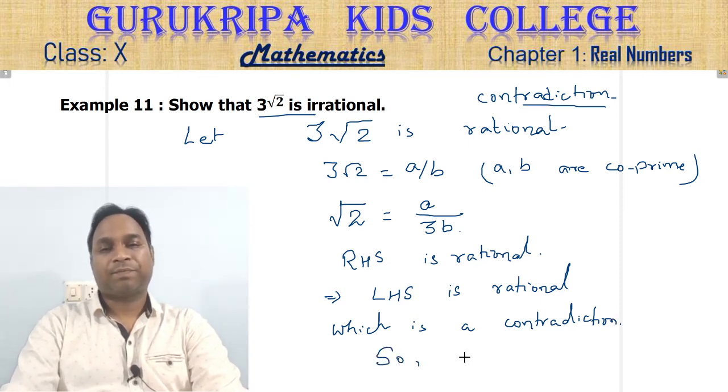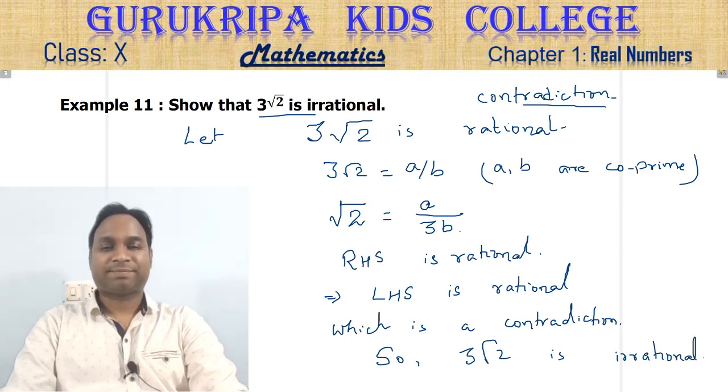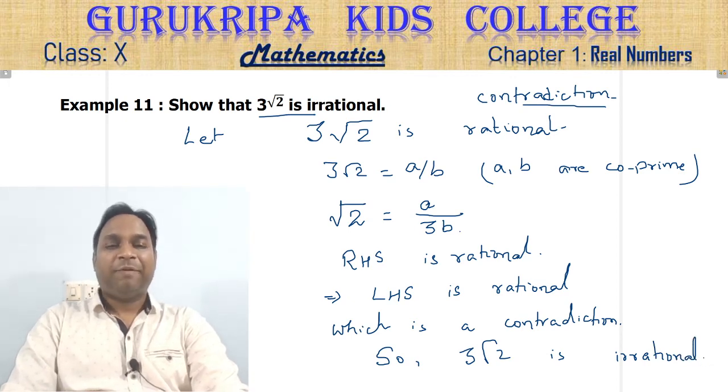So 3 square root 2 is, what is it? Irrational, isn't it? We have proved the number to be irrational.